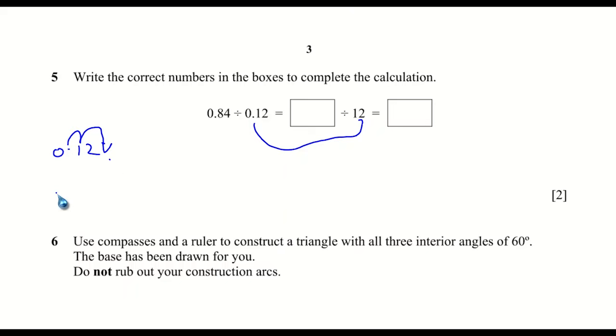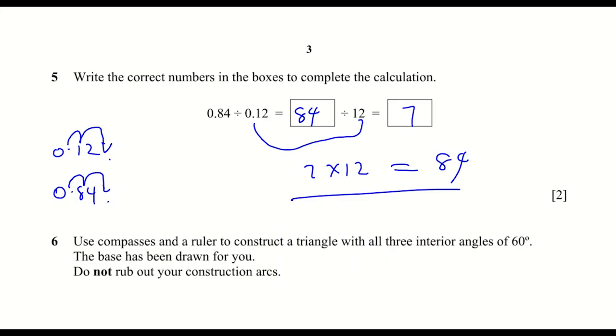That implies 0.84 will become 84, since you have to shift it the same way. Then 84 divided by 12 is 7, because 7 multiplied by 12 is 84. This is a multiplication fact. So 84 divided by 12 equals 7.